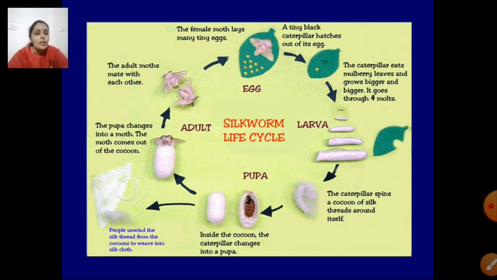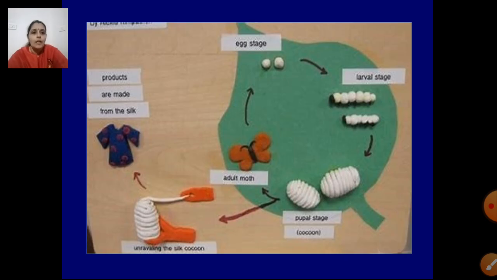This cocoon is used to get silk threads. This cocoon is put into boiling water and they separate and you get silk threads out of it. Okay, so egg, from the egg you get caterpillar, that is the larva stage. The caterpillar, when it's grown big enough, makes a cocoon to cover itself.